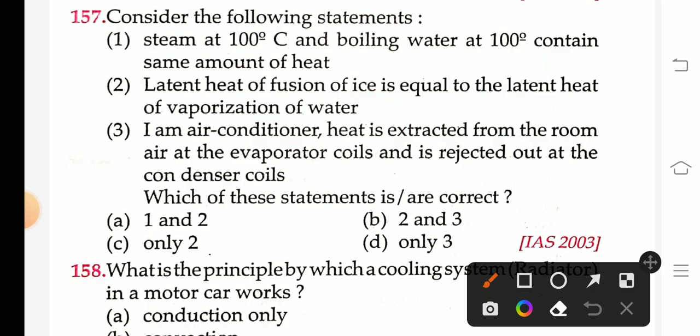In an air conditioner, heat is extracted from the room air at the evaporator coils and is rejected out at the condenser coils. Which of these statements is correct? Right answer will be option D. Only 3.